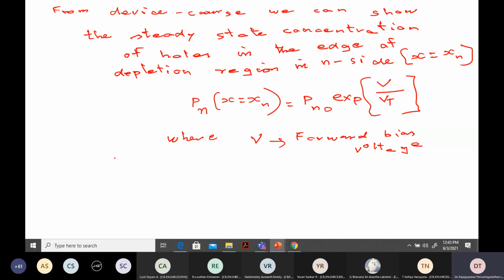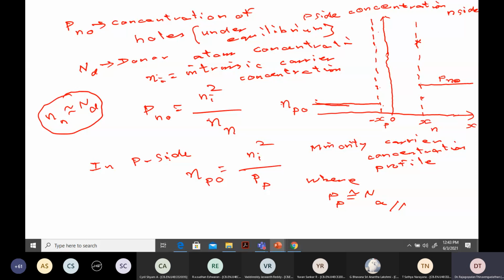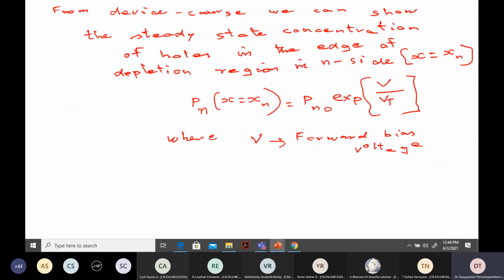Now because of this, what you need to understand here is you look at this figure. This is my starting, and this is an exponential. We have seen this case here. Now, before I go further, let me explain a little more and then come to that picture. How much excess is there at x equal to xn?